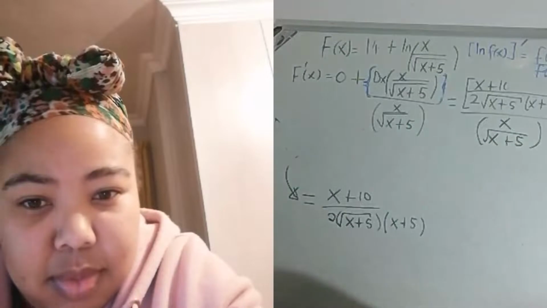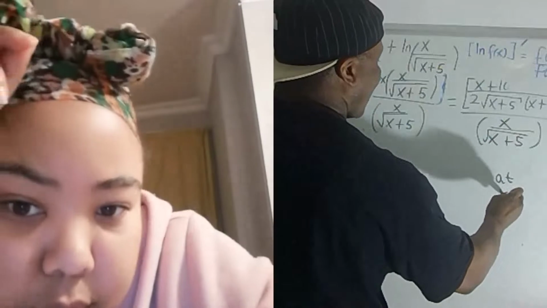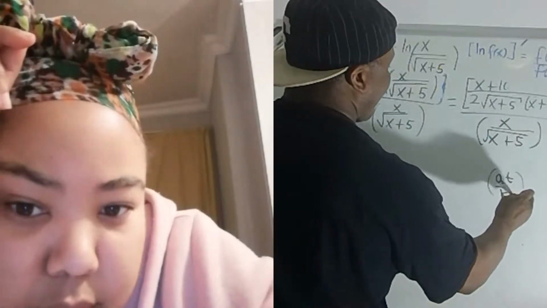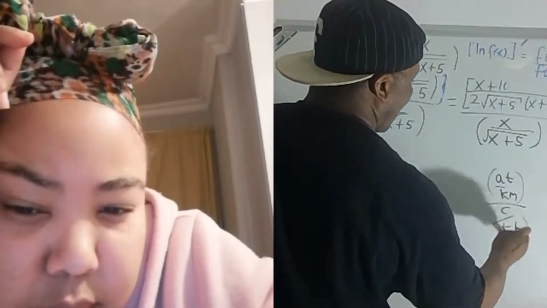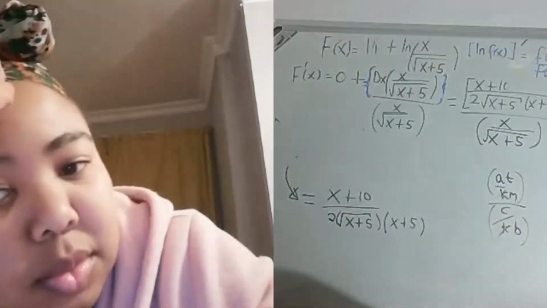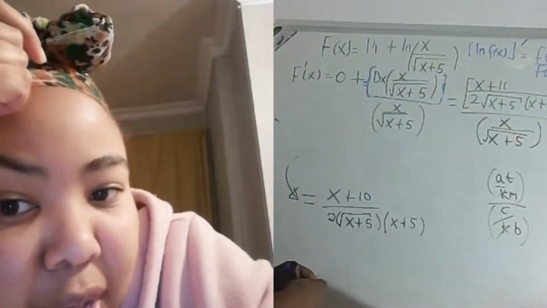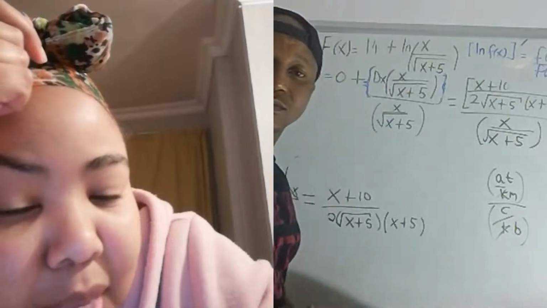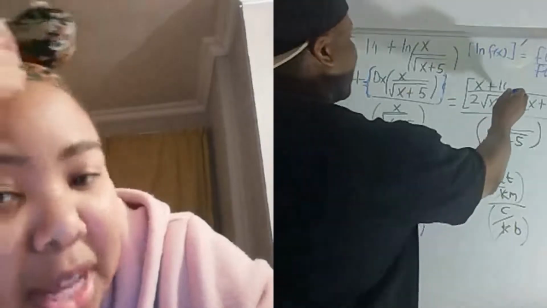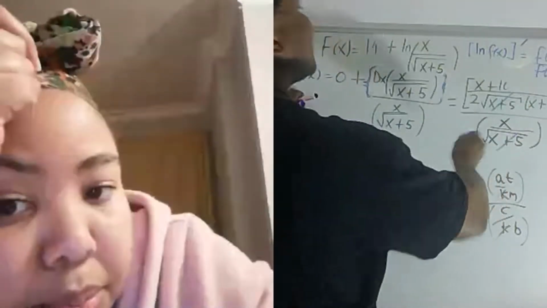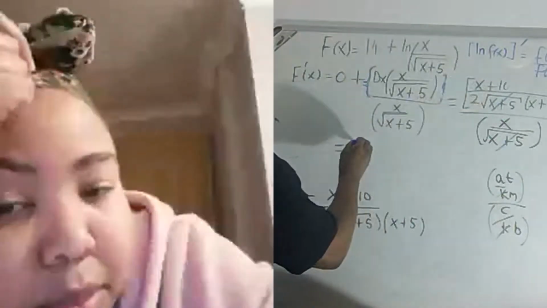So what happened here? If somebody did, for example, T over K over C over K B, what happened? K and K can cancel. So the x plus 5 square root is going to cancel the other x plus 5 square root. What we are left with on top is x plus 10.